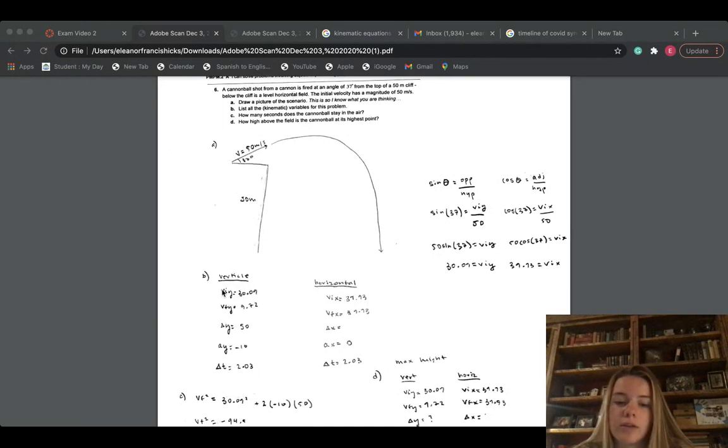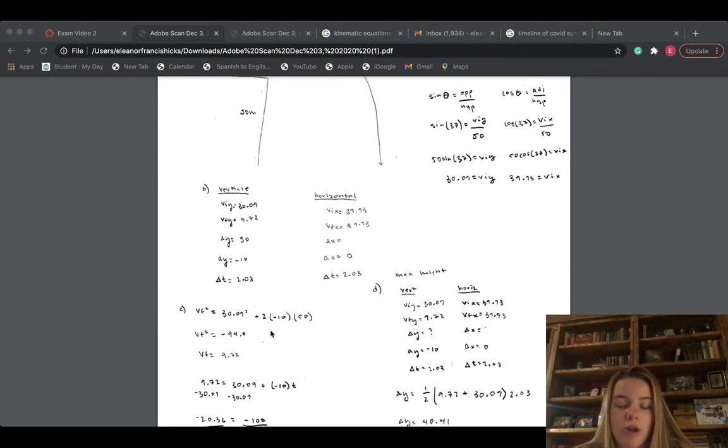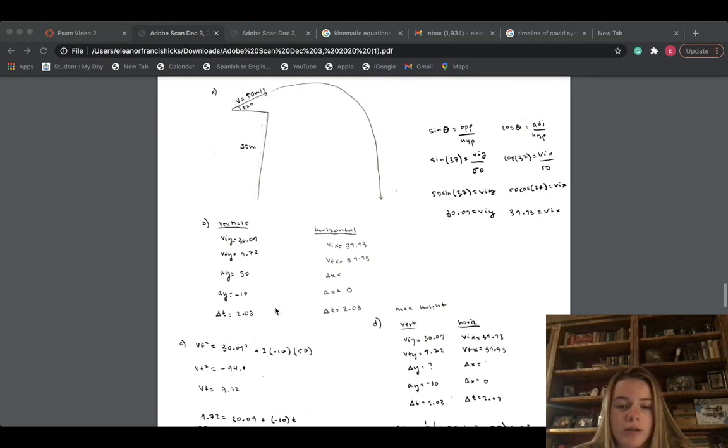So I plugged that in for my initial vertical velocity. Then for my final vertical velocity, I got 9.72, and I got that after solving for that value down here in part C, which I'll go over in a minute.